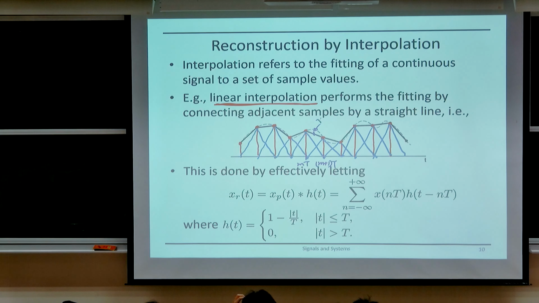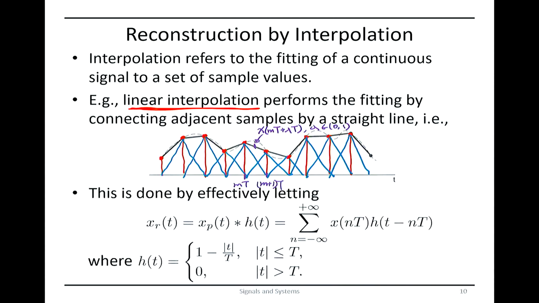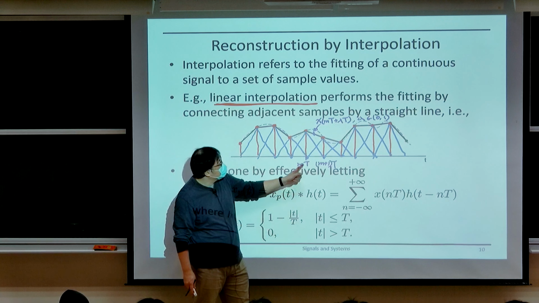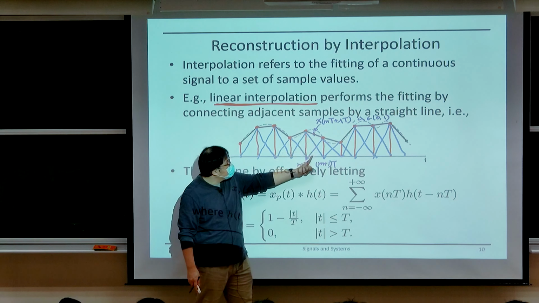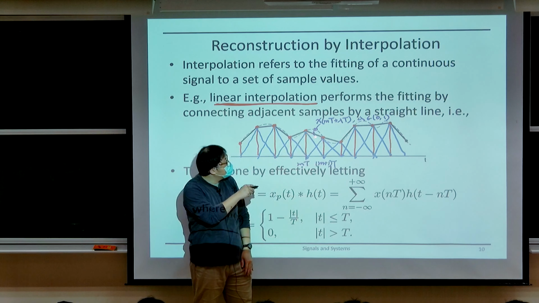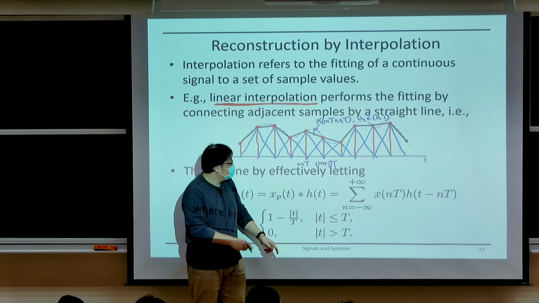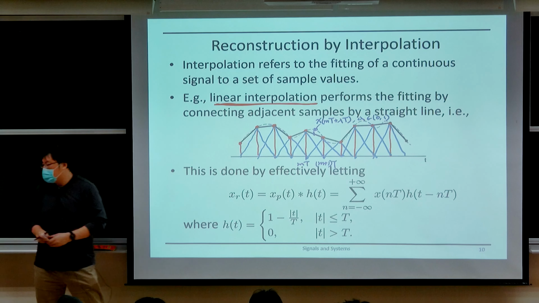Let's say it is x of mT plus lambda T, where lambda is between 0 and 1. So suppose I want to find the value of this interpolated signal, x_r.